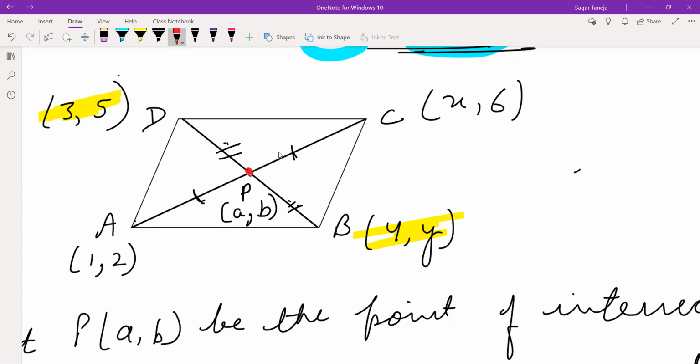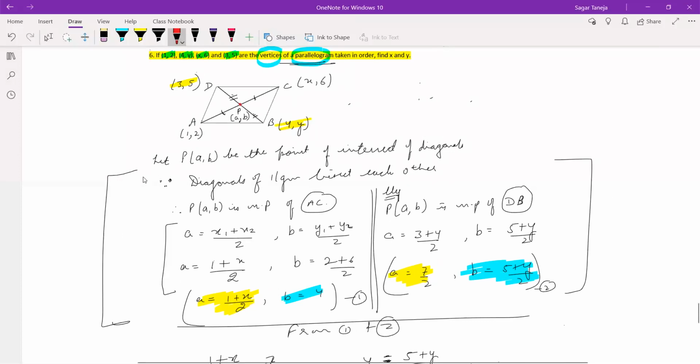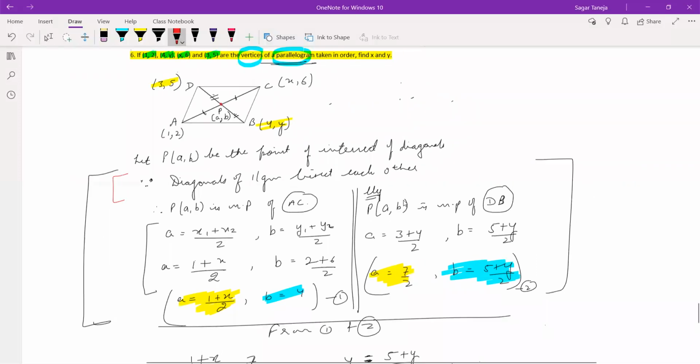If the diagonals are bisecting, it means this side and this side are equal, and this side and this side are equal. So P is the midpoint of AC, and P is the midpoint of DB. This much of explanation is justified. Just write this and you can write directly this.